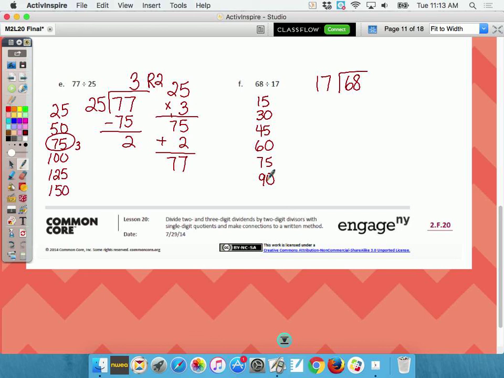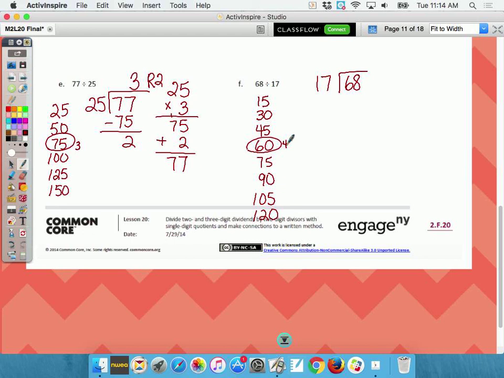What comes after 90? 105. What comes after that? 125. Or 120. So let's take a look at it. Which number is closest to 68 without going over? 60. So how many numbers is that? 4. When you skip counted by 20s, did you get 4?